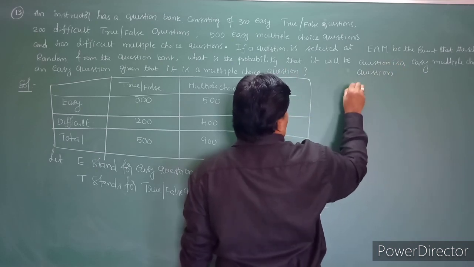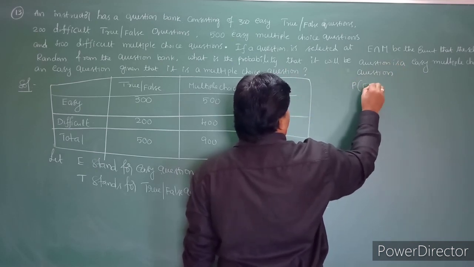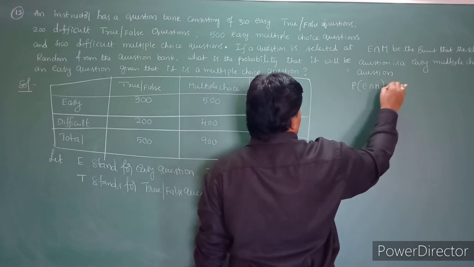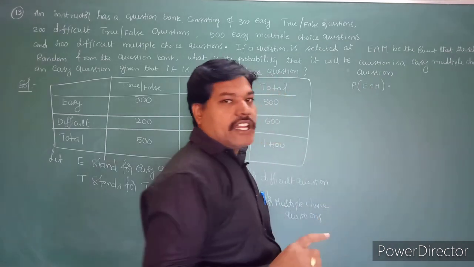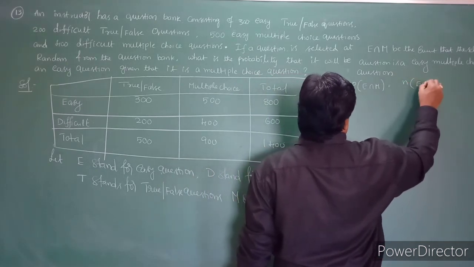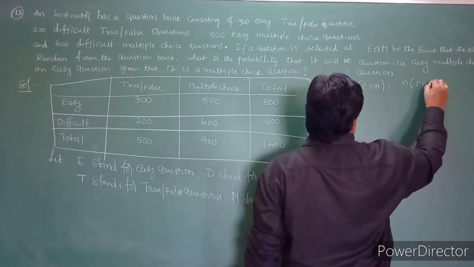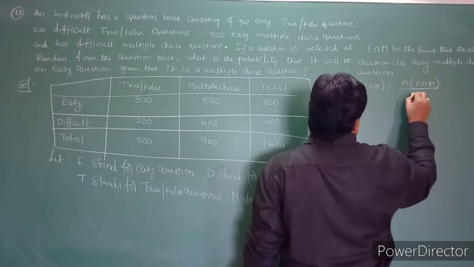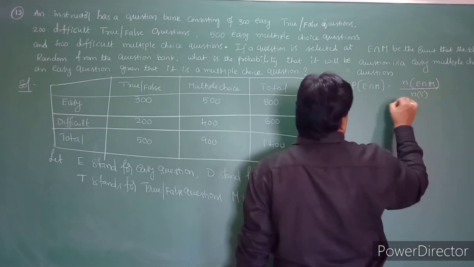Then what happens? Probability of E intersection M is equal to N of E intersection M by N of S.